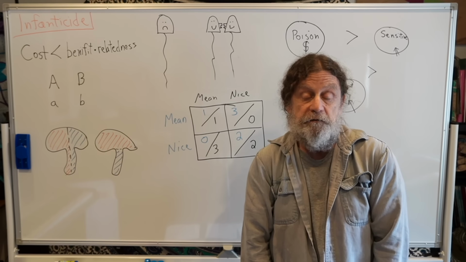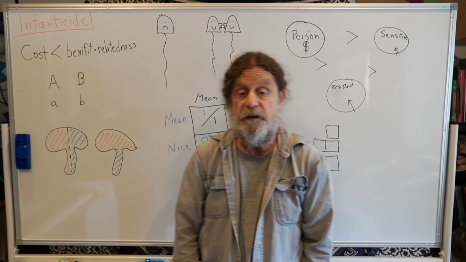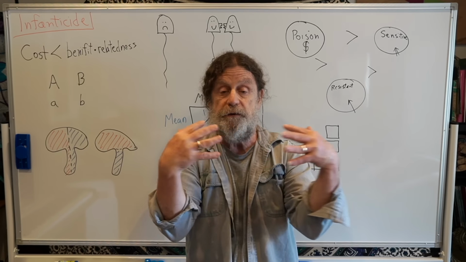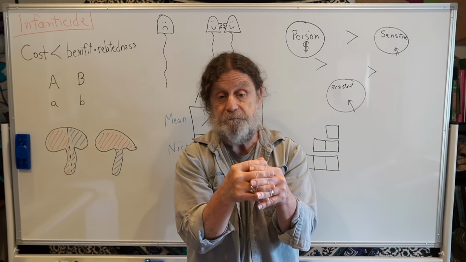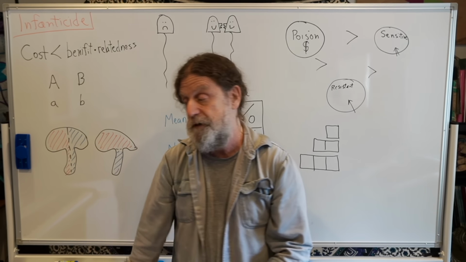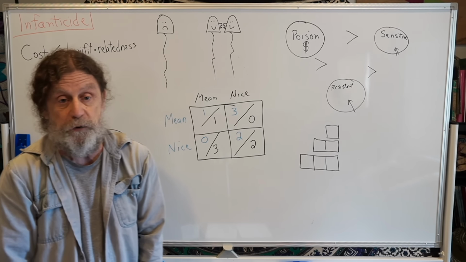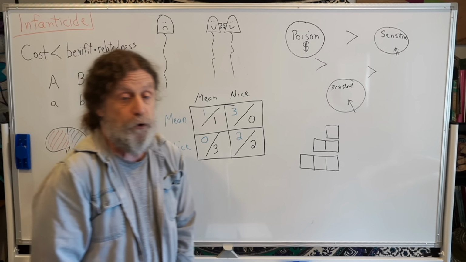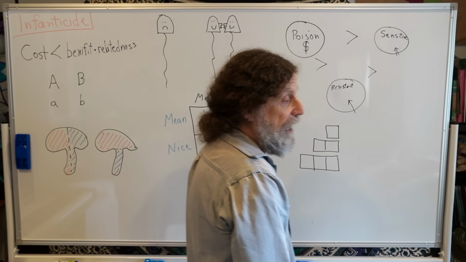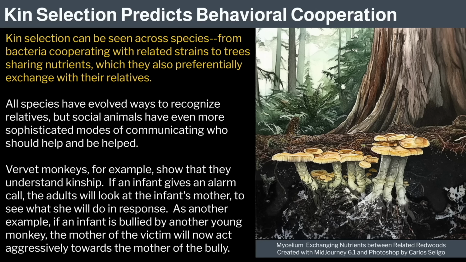Are you in a forest of trees that are closely related and you see this nutrient sharing going on there? How does a tree know that it's related to another tree? How does a bacteria know that? How do we know that? We're going to have a whole lecture early next week on how you recognize relatives.